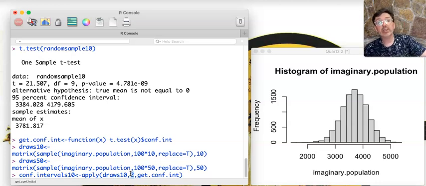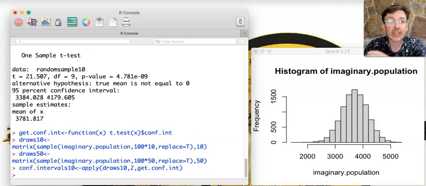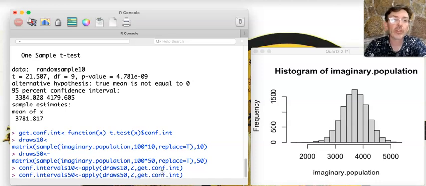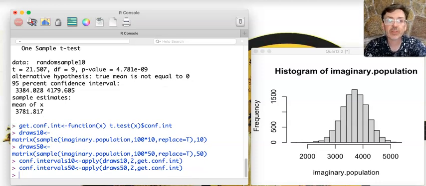So in the blink of an eye, it's going to look at each column of 10 individual penguins, run it through a t-test, extract the 95% confidence intervals, and save them in a new object called confintervals10. So I hit enter. It's done it. Amazing. R can be very fast. And I'm going to do the same thing here with my samples of 50.